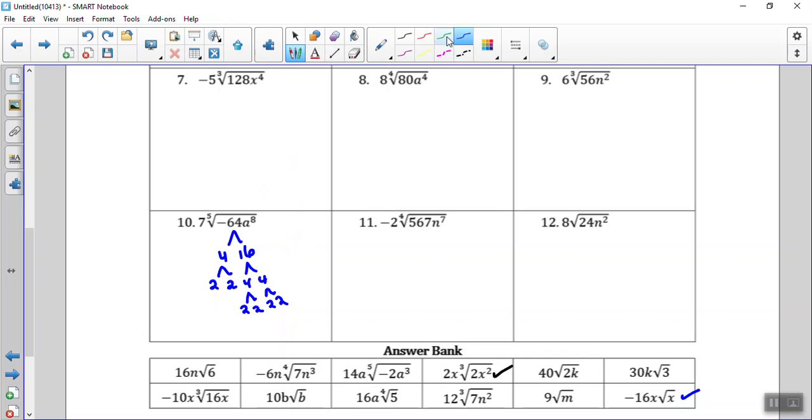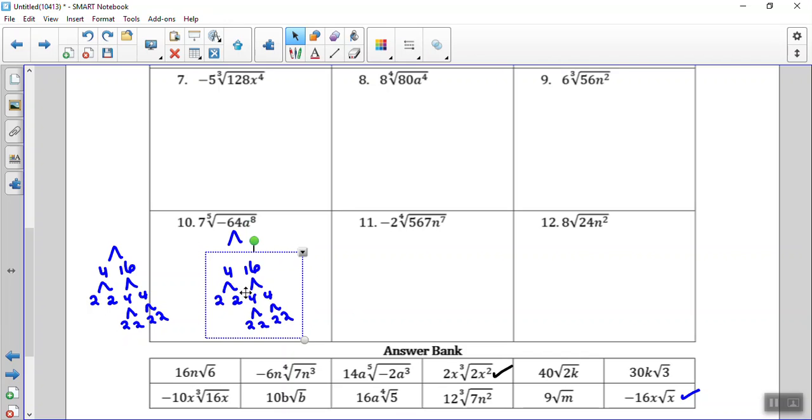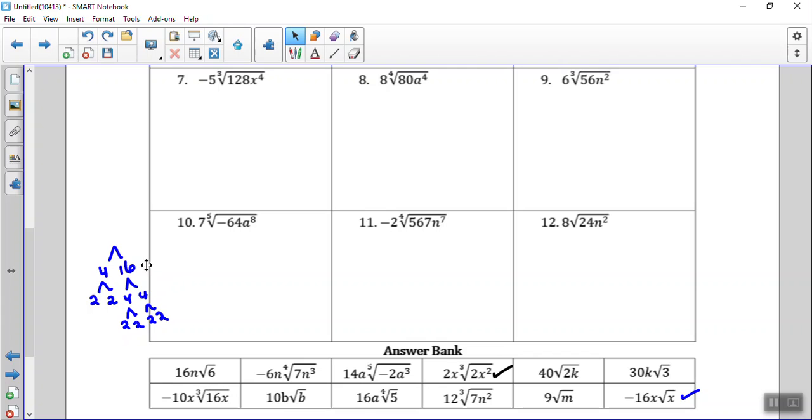Okay. Alright, so let me write all this out. I'll do it in green pen. So I just kind of moved it over. That's all I did. So you have the 7, and then you have your fifth root. That's important.